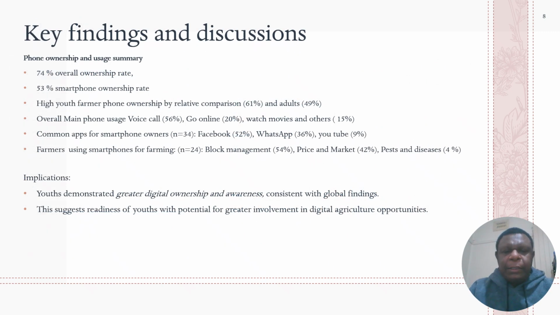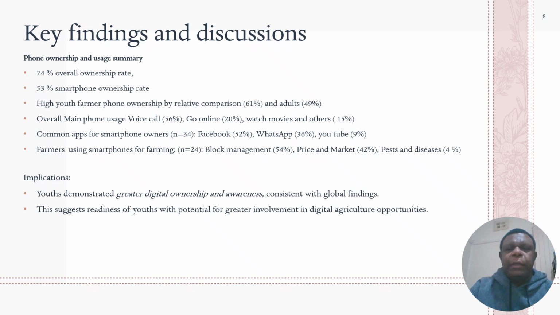Key findings and discussions. Overall phone ownership summary. There is a 74% overall ownership rate across the three sites, and 53% are smartphone owners. From this we imply that there is high youth farmer phone ownership by relative comparison, at 61% compared to adult farmers at 49%.